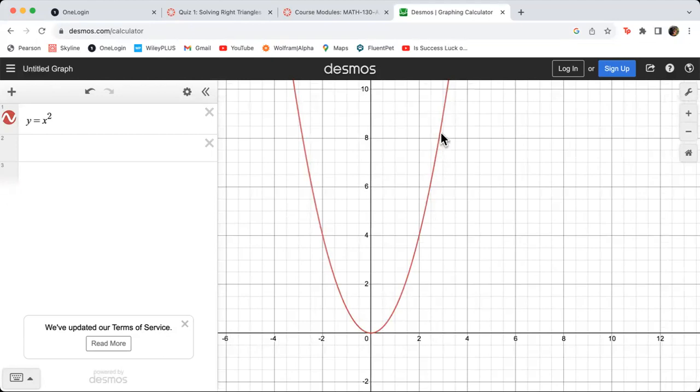So 3, 9 is the point. If I draw a tangent line to this function when x is equal to 3, we should see a slope of 6. So y equals, the point is at 3, 9, so 9 plus 6 times x minus 3.